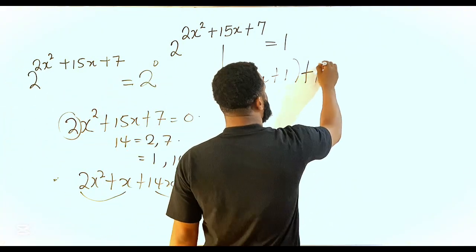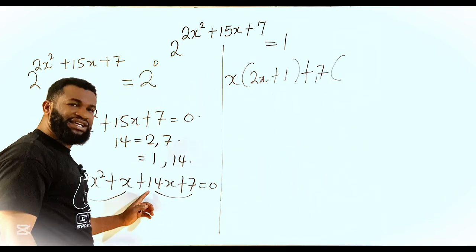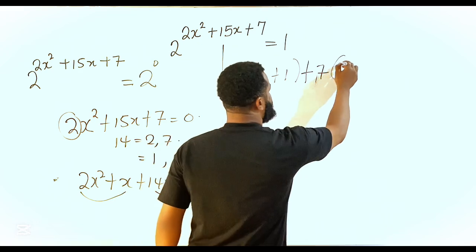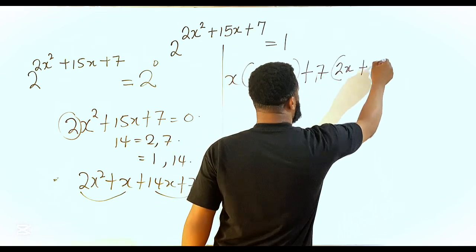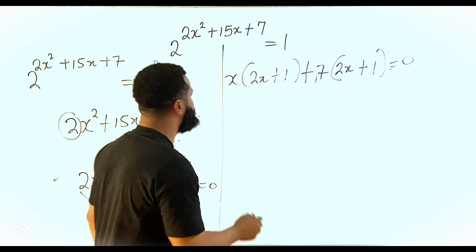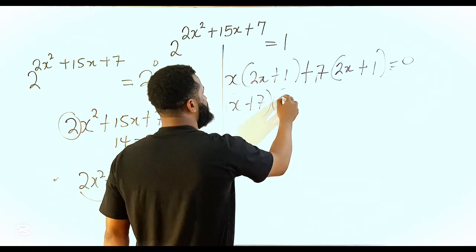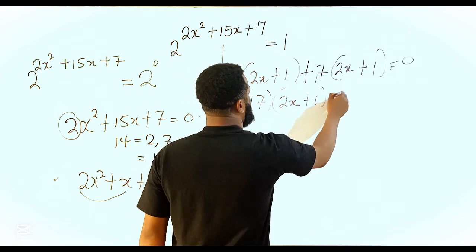So I'm going to have 7 brackets. 7 times what will give me 14x? It's going to be 2x. So 7 times 2x is 14x, plus 1. And everything is equal to 0. So I'm going to have x plus 7 and 2x plus 1 all equal to 0.